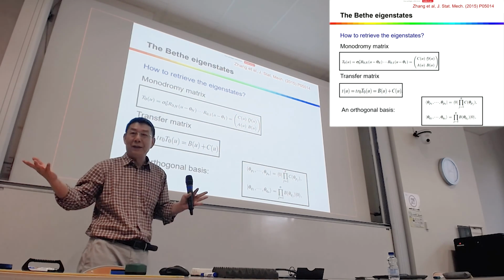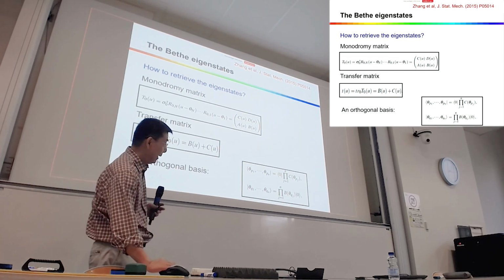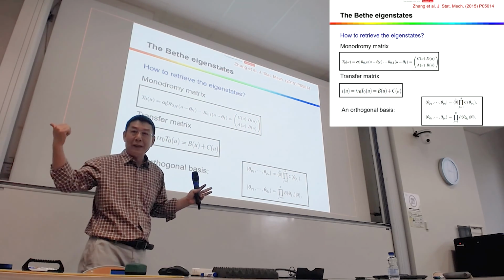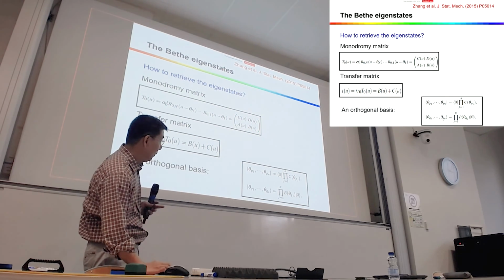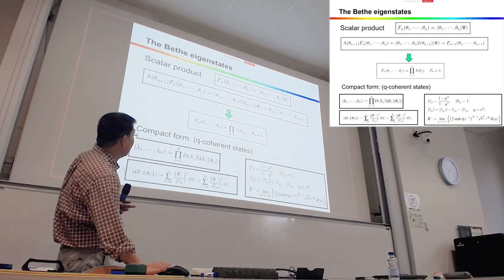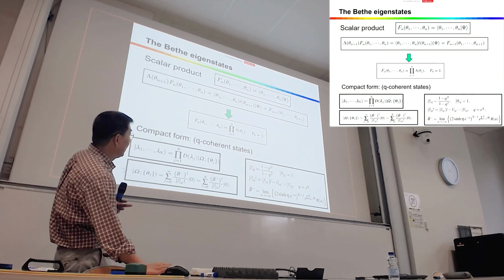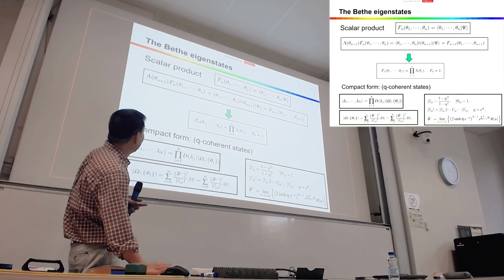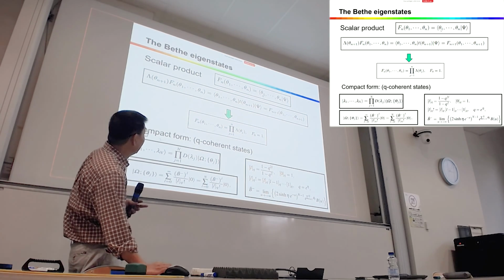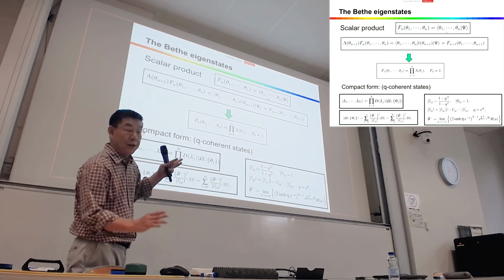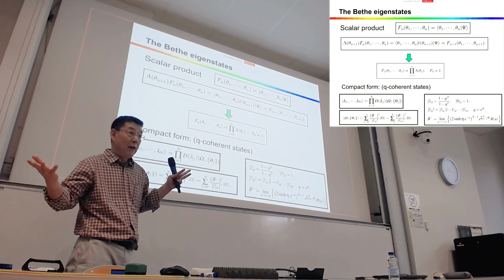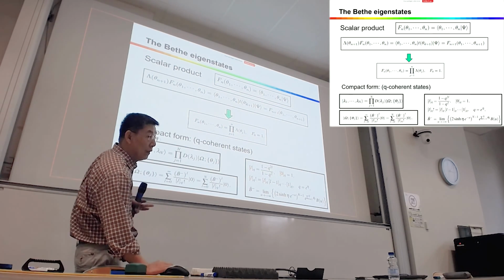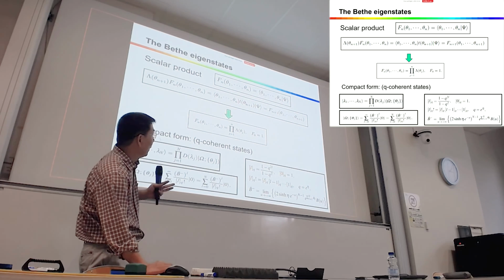You can try, as in the algebraic Bethe ansatz, because the unwanted terms at theta_j are automatically 0. So we get this D(u)'s eigenvalue. Now we can define such a scalar product, just a definition. This is just the coefficients of the eigenstate. Now we insert the transfer matrix in this scalar product.